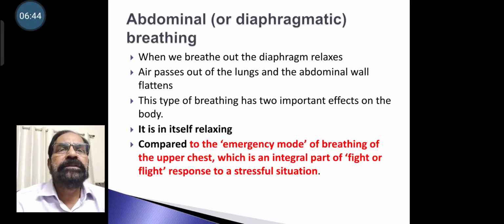When we breathe out, diaphragm relaxes, air passes out of the lungs and the abdominal wall flattens. This type of breathing has two important effects on the body. It is itself relaxing compared to the emergency mode of breathing of the upper chest, which is an integral part of the fight or flight response to a stressful situation.